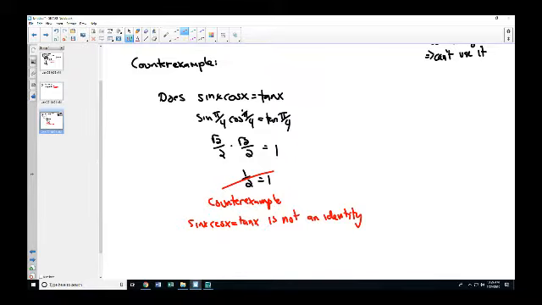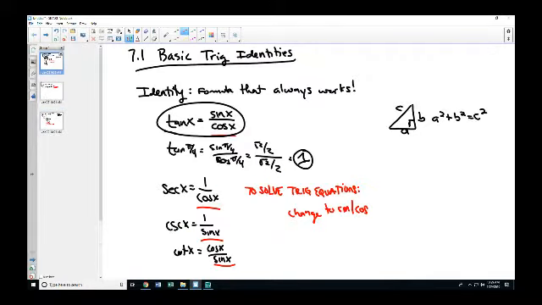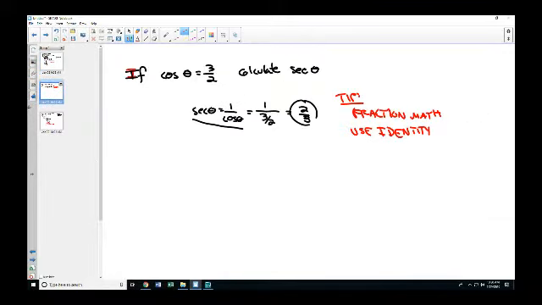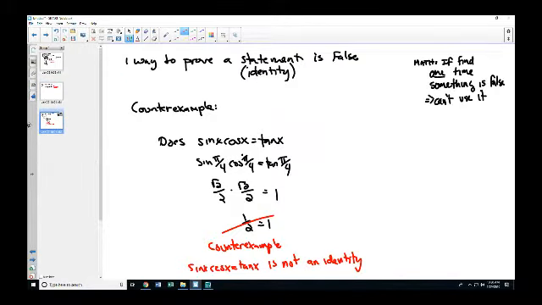So you have your basics: what is a counterexample and how do you use it to show that something's not an identity? And then you have the basic identities that always work and using them to solve trig problems. That's the idea. Again, baby steps. Indra, what was the fourth bit? Good question.